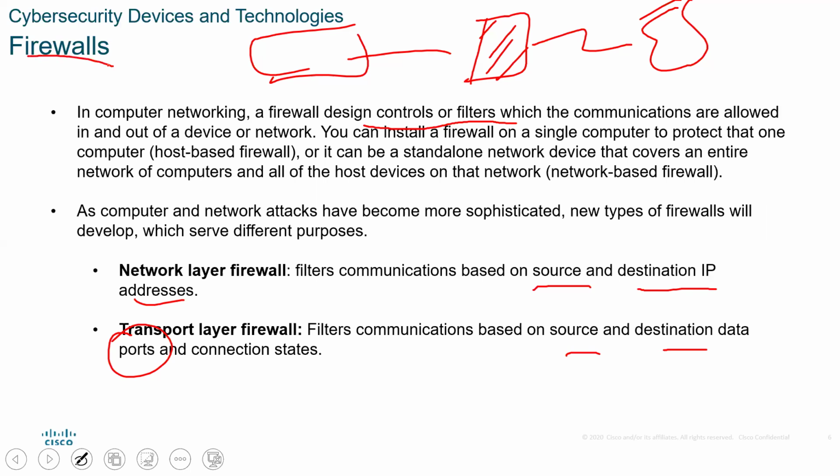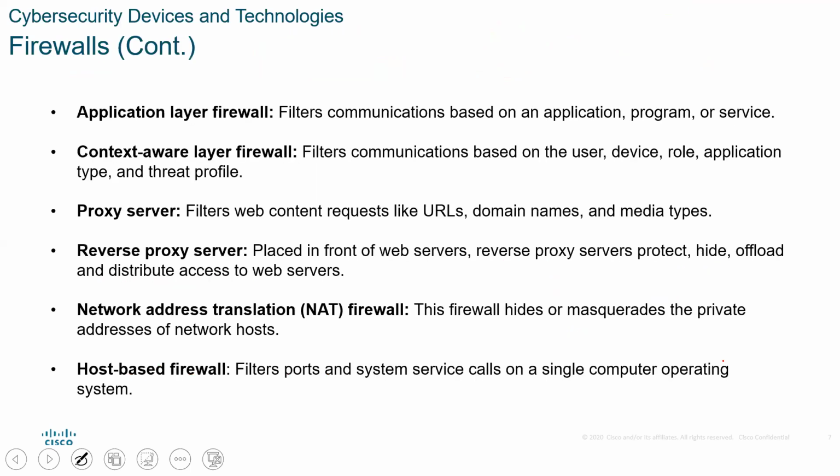So a firewall basically makes its decisions based on the network layer, that is the source and destination IPs, or based on source and destination port number. Every application that you have on the network has a port number. Every browser, every application you use has a port number. Application layer firewalls filter communication based on an application, program, or even service.